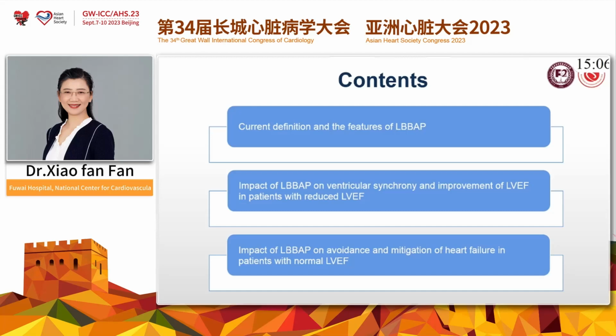Second, let's see the impact of LBBAP on ventricular synchrony and the improvement of left ventricular ejection fraction in patients with reduced LVEF.